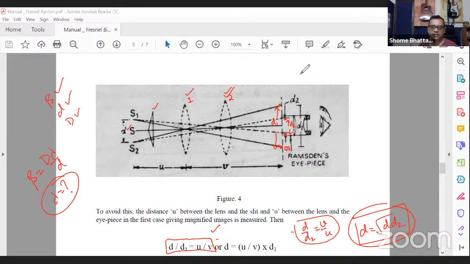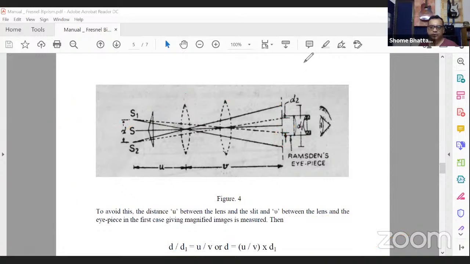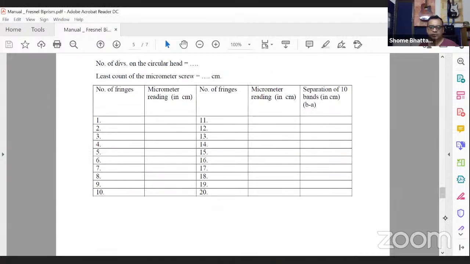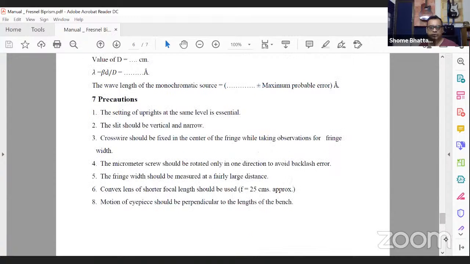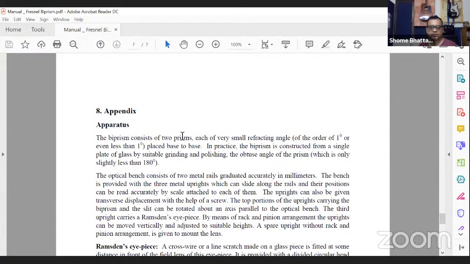If you guys like, I will send you this manual also, though it is actually part of the BTech first year manual. The details of this experiment are not that important for you. But for example, the original apparatus says very clearly that each of the refracting angles is 1 degree or less.